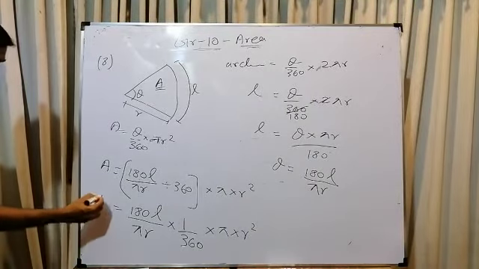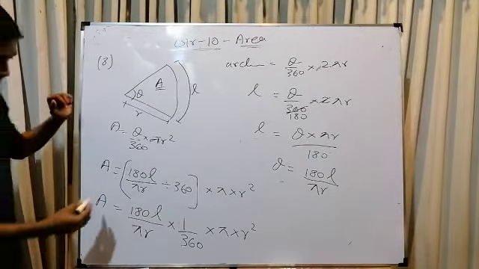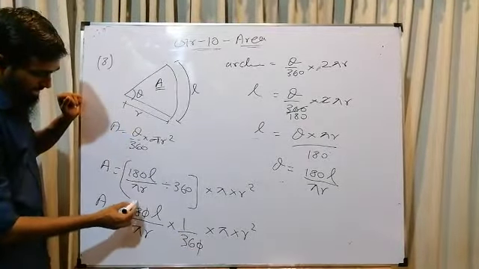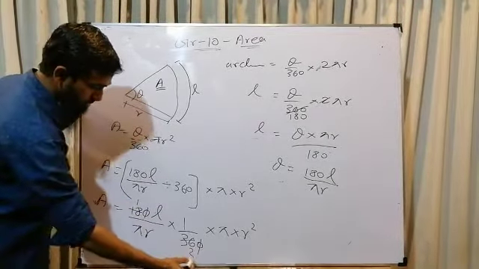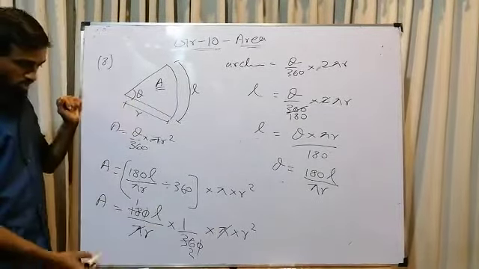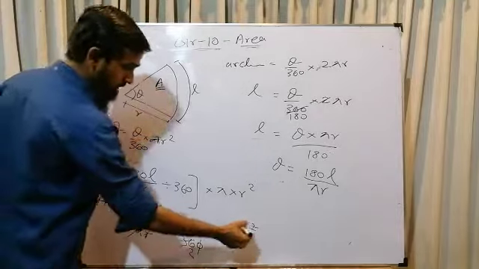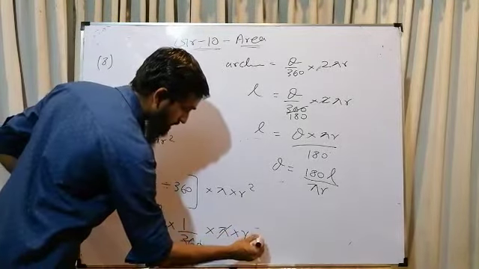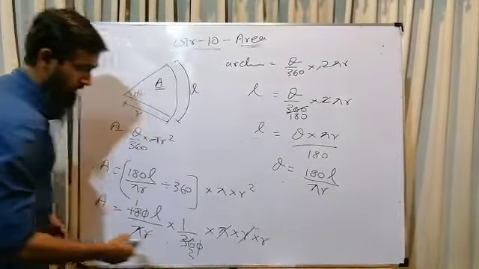Okay, area is equal to... we have some simplification here. 18 times 1, 18 times 2. We can cut the pi. We can cut one of the r. R square means r into r, so we can cut an r.